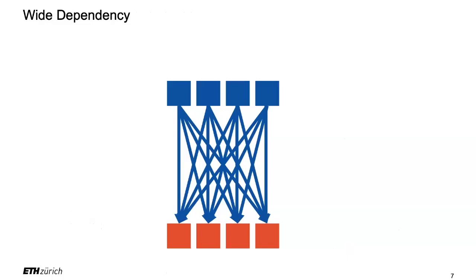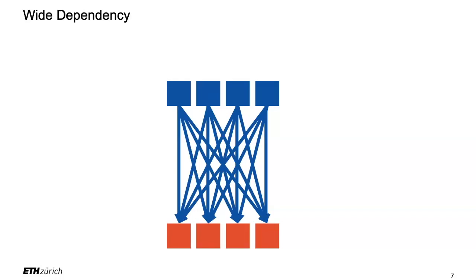And of course, then you can no longer parallelize and split in the same way as you can with the narrow dependency transformations. So examples of transformations that are spaghetti-y are when you do, for example, a join, or when you compute distinct values, that's also spaghetti-y, or when you group by key or reduce by key and so on. So basically, it's when you have these arrows all over the place.